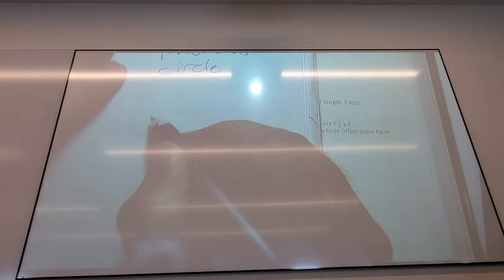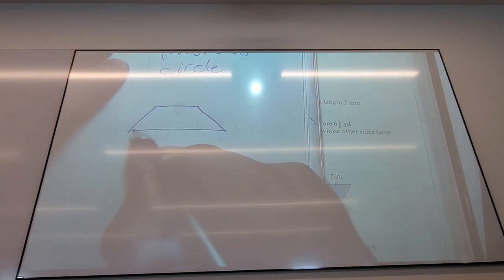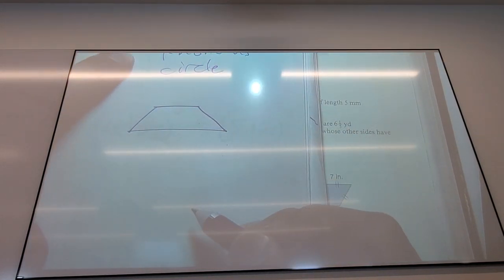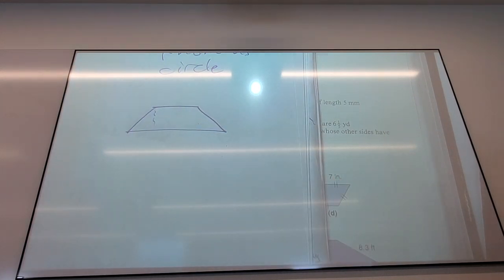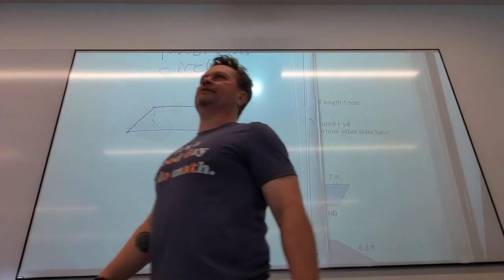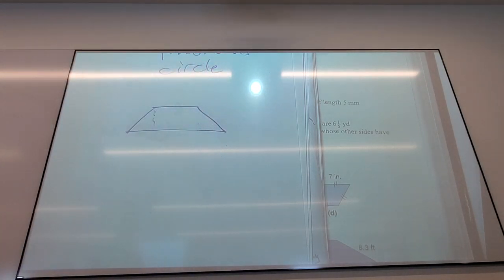Do you remember we came up with the area formula for a trapezoid, yes? And you're all like, come on, man, don't ask me if I remember something. But I'm going to ask anyway. Does anyone remember how we proved the area formula for a trapezoid?